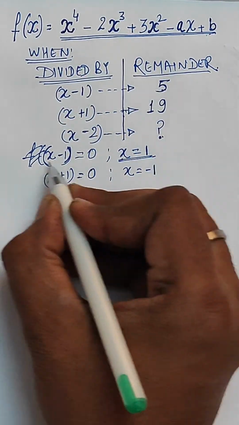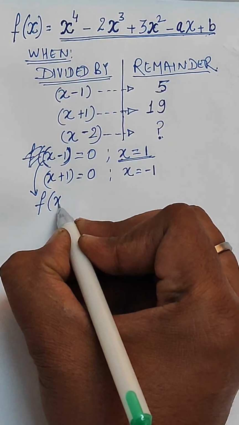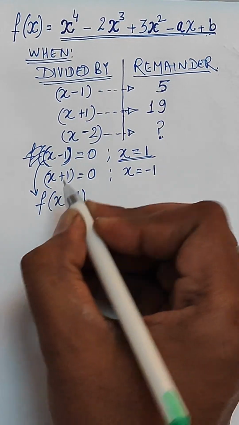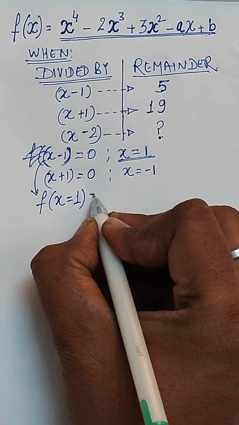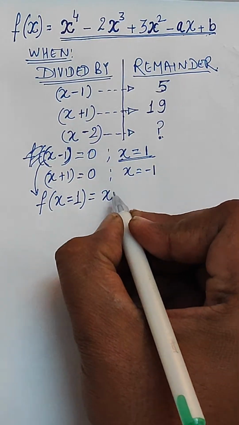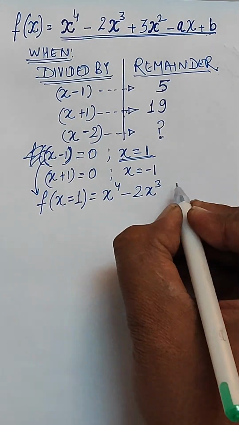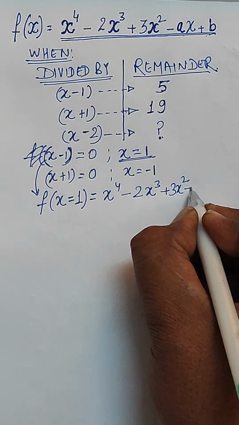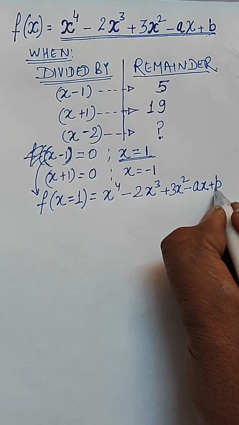So x equal to 1 is basically the remainder when we put x equal to 1 in the function. I am writing f of x, which is x power 4 minus 2x cube plus 3x square minus ax plus b.